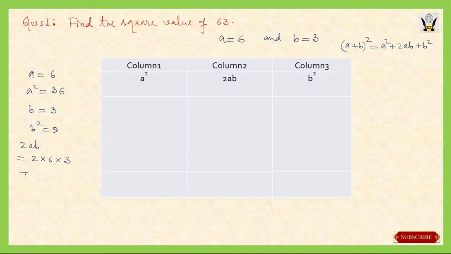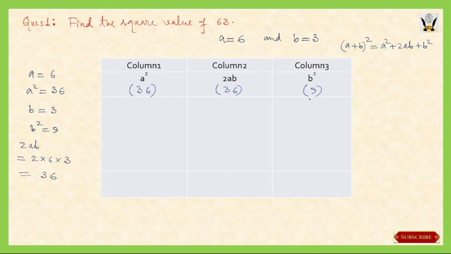So 3 sixes are 18, 2 times that is 36. So 2ab is 36. Under a square we write 36. Then 2ab for us is again 36. It may not always be equal; it is 36 only for this particular example. And b square in our case is 9.